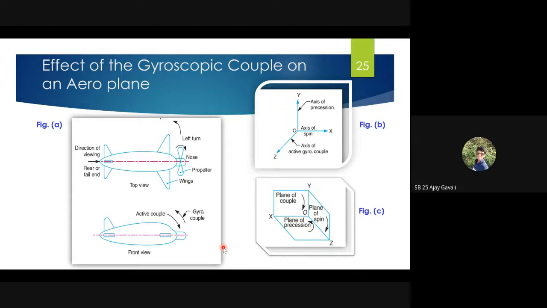Yes, sir. Okay, now just write down the next line, whatever formula we have derived, that we are going to write, and the terminology, so that it will be helpful for solving the numericals. Write down: gyroscopic couple acting on aeroplane.